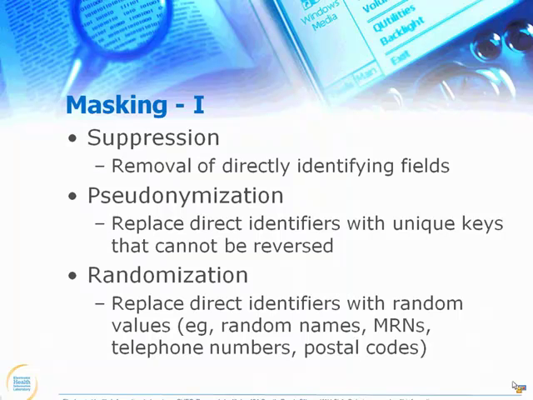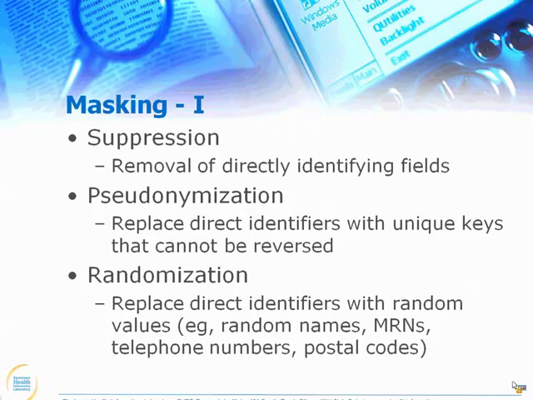And then you have randomization, which means replace the direct identifiers with random values. So for example, if you have names in your data set, you would replace the names with random names from name dictionaries basically, and you would do that in a way to ensure that the gender is correct. You can replace MRNs with fake MRNs that have the same format.